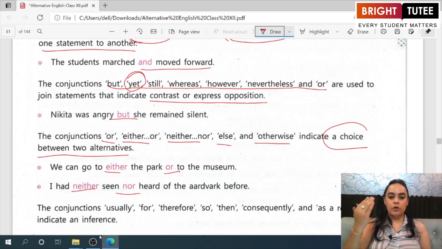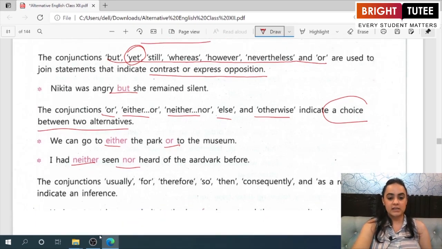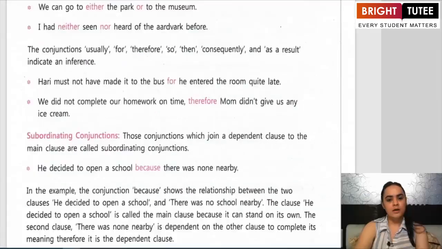Okay? So we've talked about those conjunctions which help you to add a sentence, those which help you to add an element of contrast, and those which help you to relate a choice. So this is about it.